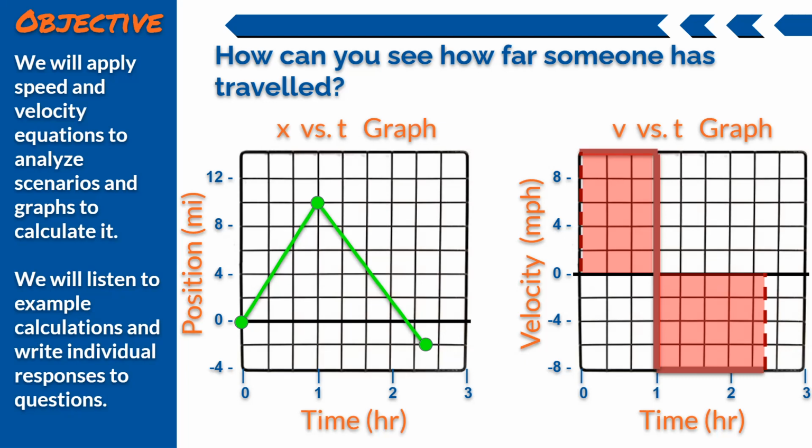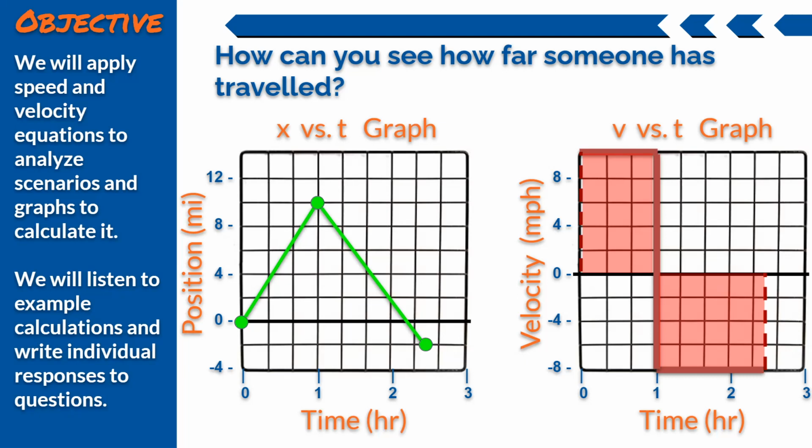If I rearrange this equation and I multiply both sides by time, then I get displacement is velocity times time. That's length times width on my graph. That's velocity times time. So if you find the area, it will tell you how far you have gone.